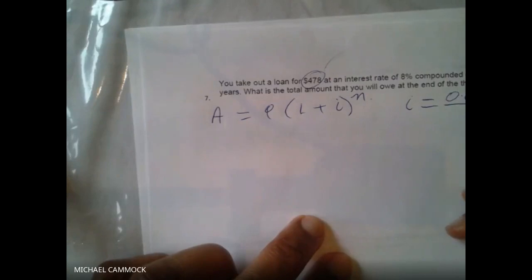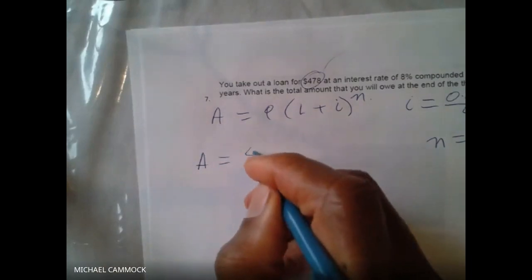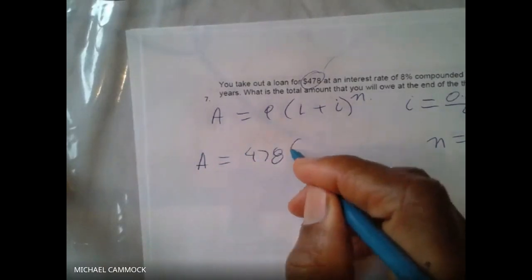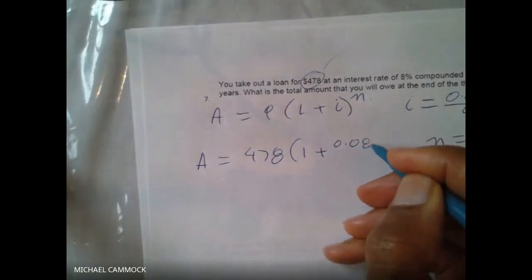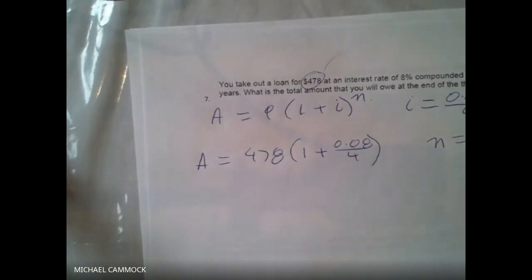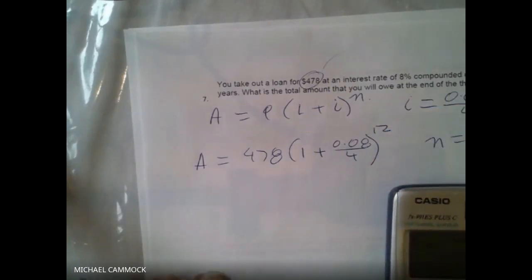I have to divide it by something. Good. And my N is for 3 years. I'm going to take the same thing I divided by and multiply by that, so that's times 4. So here's my equation now. A is equal to 478 times 1 plus 0.08 divided by 4, to the power of 4 times 3, which is 12. Let me see if I can put that all in my calculator.